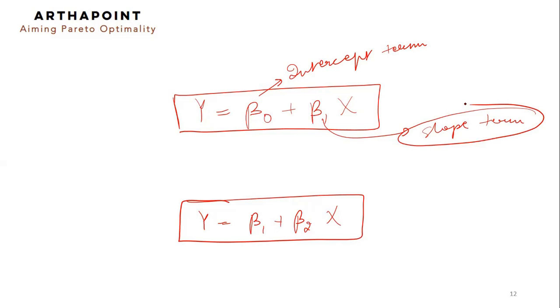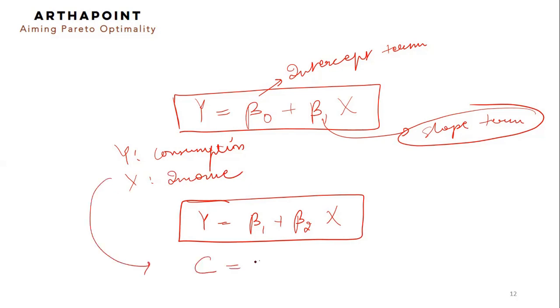So supposedly Y is my consumption, and consumption is dependent on income. If you have more income, you will consume more. If you have less income, you will consume less. So X is my income. I can write this then as consumption is equal to beta naught plus beta 1 income.